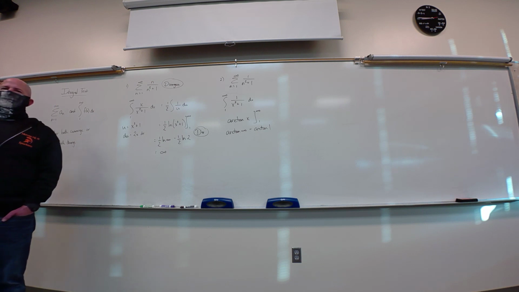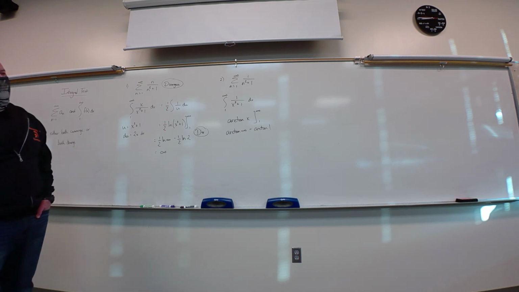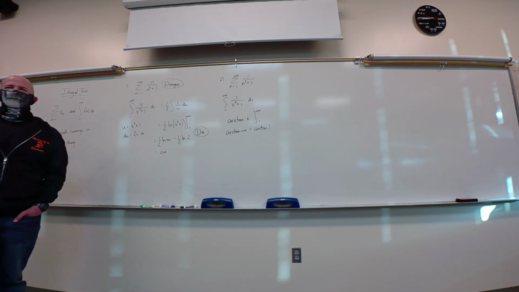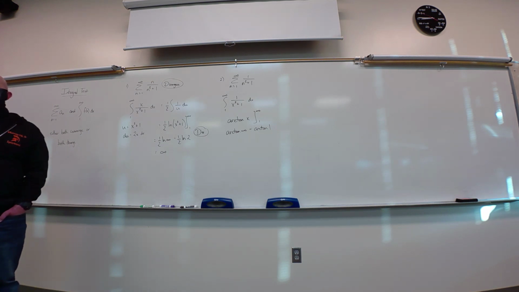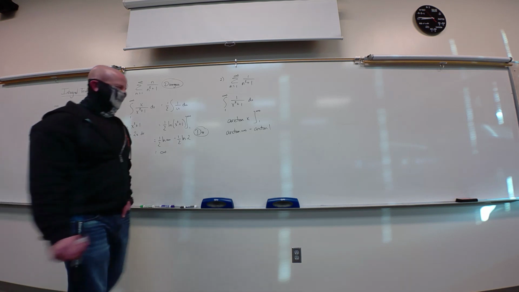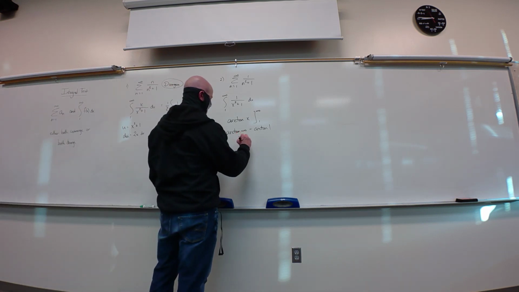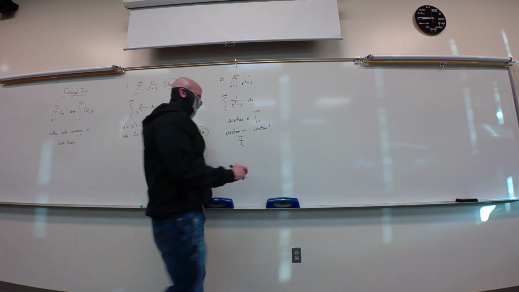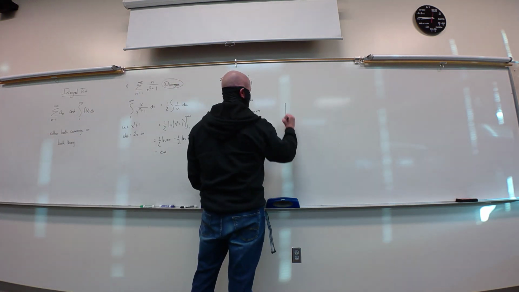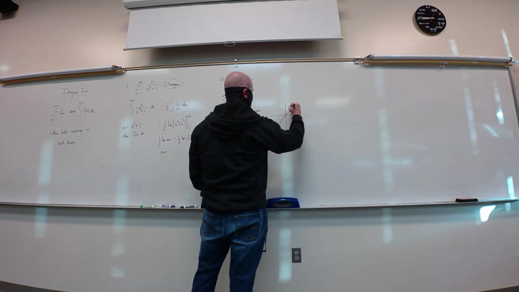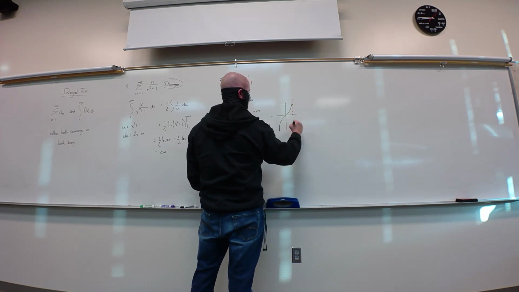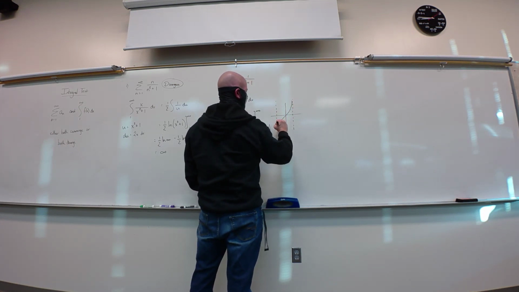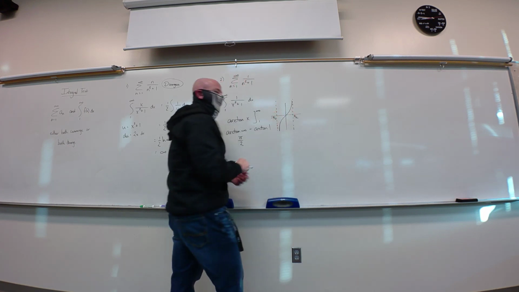Now, do you remember what the arctan of infinity is? Pi halves. Think of the trig functions, think of the graph. So here's what I do. There's my tangent graph. And you might not remember it perfectly, but that should look familiar.